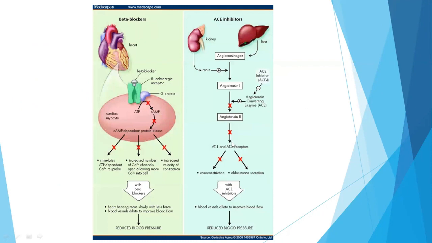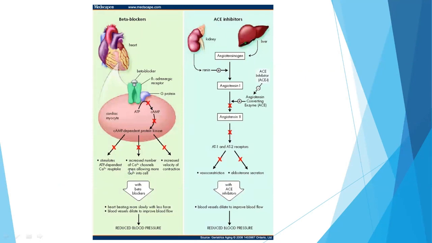So let's talk now about beta blockers and ACE inhibitors. The beta blockers block the beta 1 receptor in the heart. When these beta 1 receptors are blocked, the conversion of ATP to cAMP is blocked. When cAMP is not formed, cAMP-dependent protein kinase is not formed, and this leads to inhibition of calcium entry into the cell.